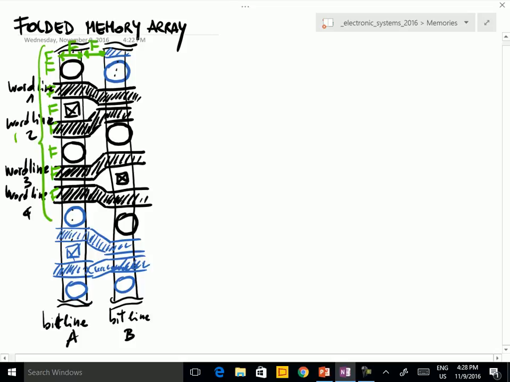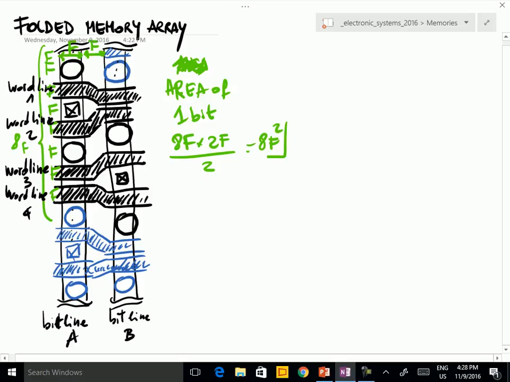We have something like 8F. So the area of 1 bit is 8F times 2F divided by 2, because we have 2 bits in this 8 by 2. So it's 8F squared. As I was mentioning before, it's of course less dense than in the previous case.